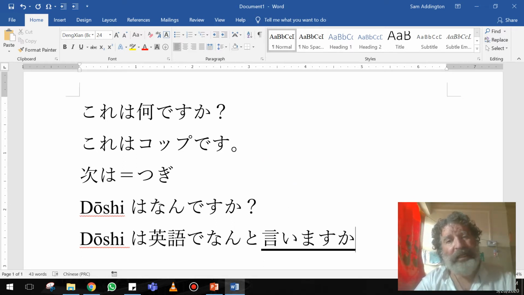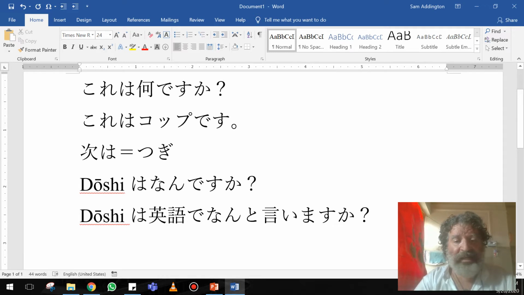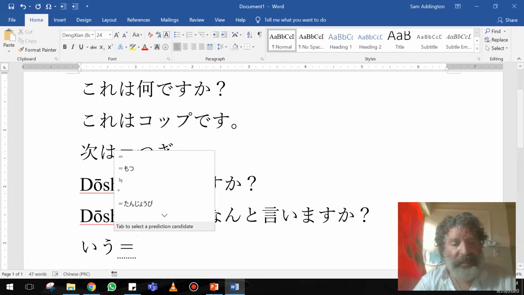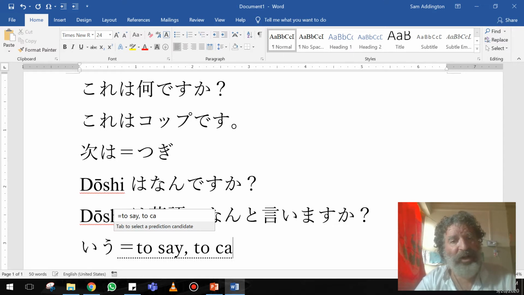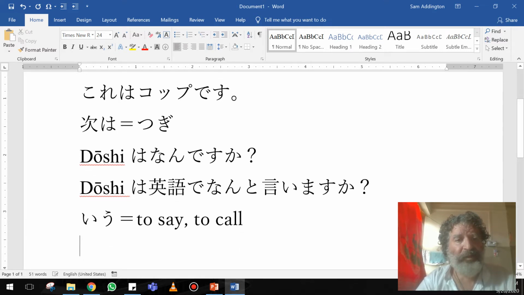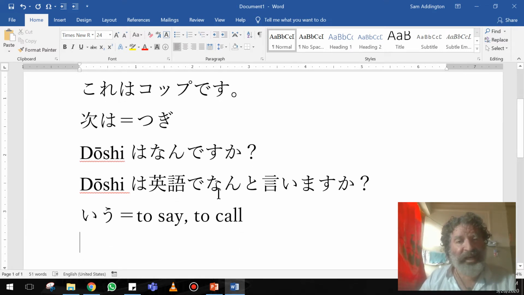And look, it changed into the verb. And we talked about that verb last time. The verb is you, which means to say or to call. So, ego de wa nan to imasu ka?